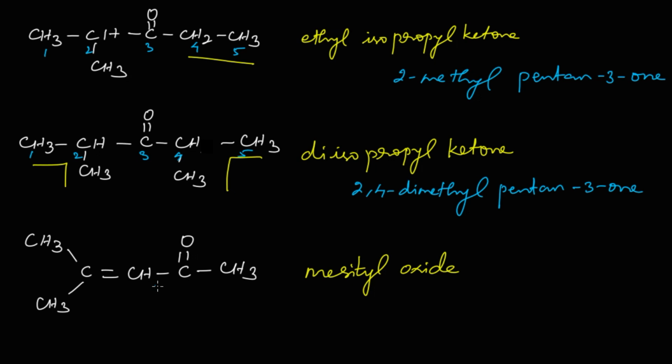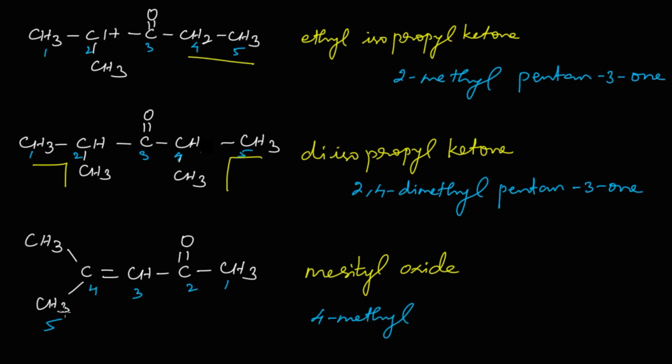Come on, let's give the IUPAC name for the last compound, that is mesityl oxide. Count the carbon atoms 1, 2, 3, 4, 5, because the functional group should carry the least count. So we are counting from right to left. Here, to the fourth carbon, methyl is attached, so 4-methyl.